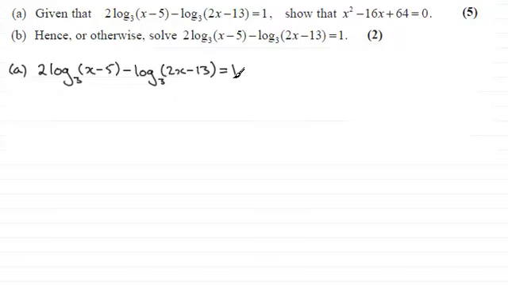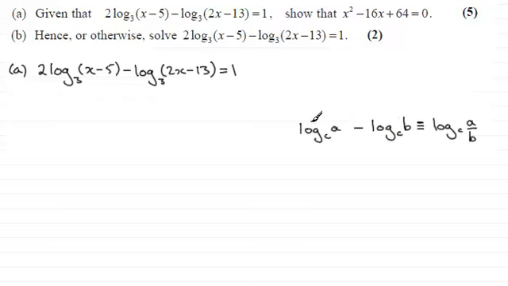Now in order to show that this is going to come out as x squared minus 16x plus 64 equals 0, what we've got to do is group together our log terms here.